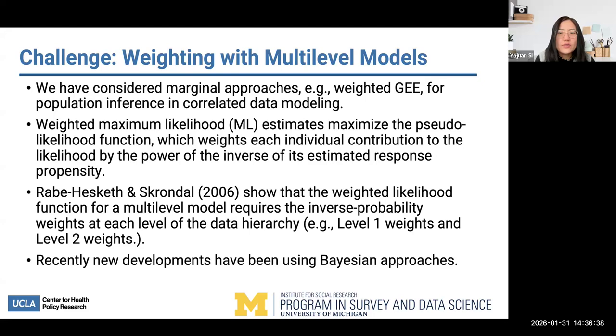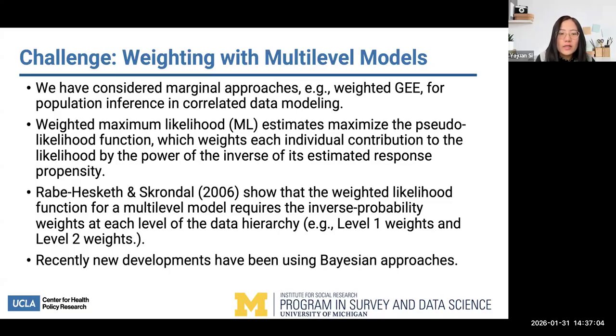The literature has shown that the weighted likelihood function for a multi-level model requires the weights for both levels if we consider individuals and clusters. So we need the weights for each participant and the weights for each cluster.